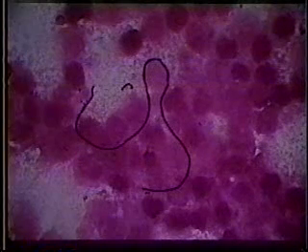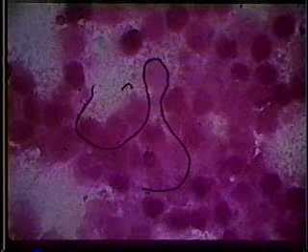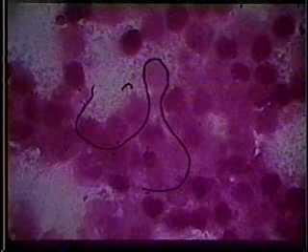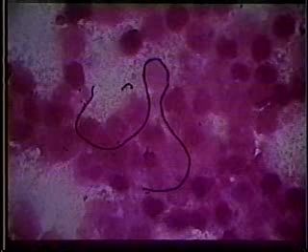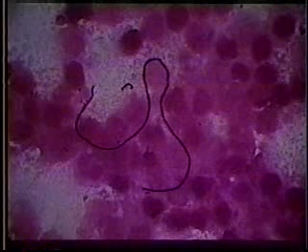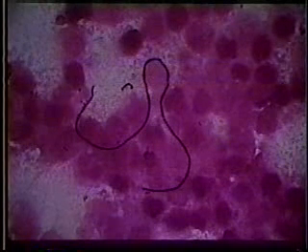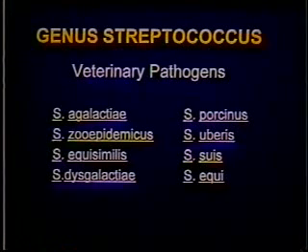The genus Streptococcus, shown in this slide, are organisms that grow in a chain, as is demonstrated here. These are gram-positive organisms, and there are a number of species of the genus Streptococcus that do in fact cause disease.